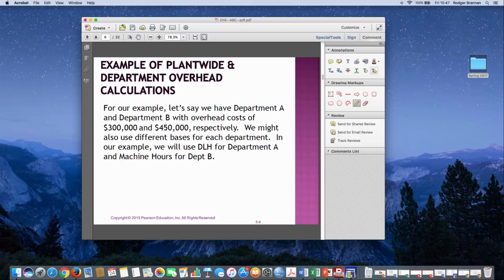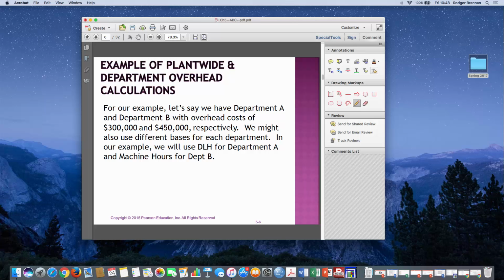And so, for example, if you had Department A and Department B, with their respective overhead, and you said, in our example, okay, direct labor hours, if you assume that Department A is mostly assembly, and let's say Department B is mostly machining, then yeah, take the cost, because they're going to act in the same way, going to have the same characteristics.